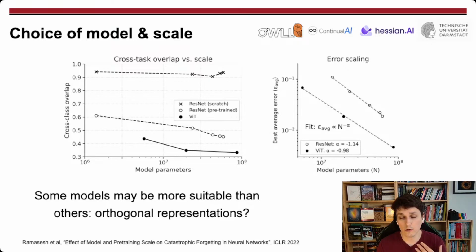So representations are a lot more orthogonal with respect to one another, in contrast to the residual neural network that's trained from scratch at the very top, which has a lot of overlap, close to 90%. So in that sense, it's like saying that apparently the attention mechanisms that we put into the visual transformer, and the way it's composed, somehow implicitly, maybe even explicitly because we did put in attention, has put in a mechanism that goes a little bit towards this activation sharpening idea to prevent all of the activations from overlapping.